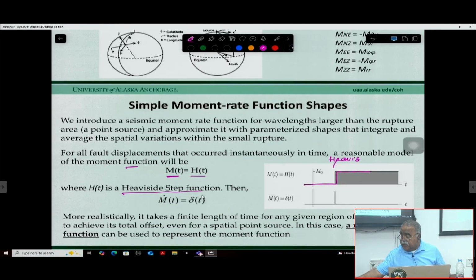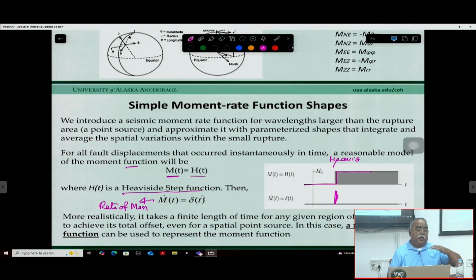Now, if you take the differentiation of this moment, that means it is a rate of moment, the rate of moment change. That is how the moment changes with time. So this is M dot. M dot will be just a pulse like this.